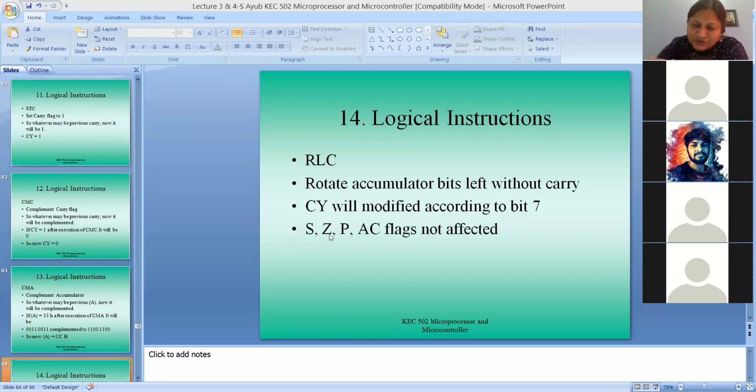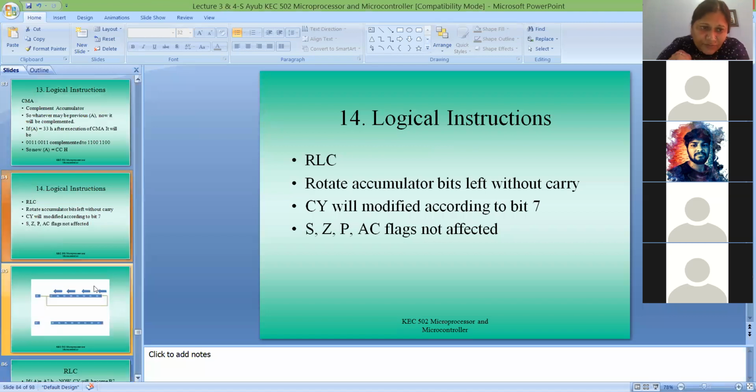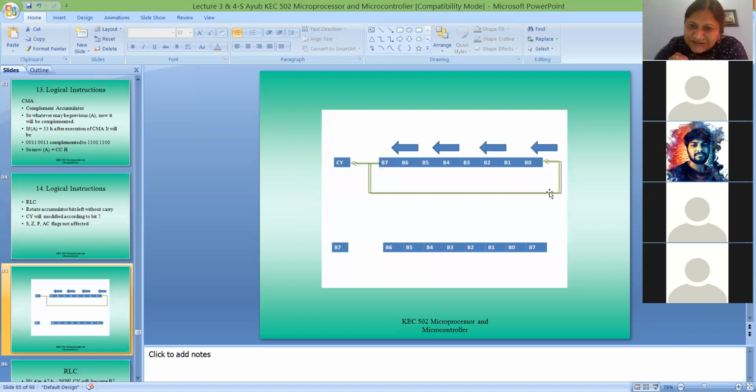No sign flag, no zero flag, no parity, no auxiliary carry flag will be affected. Only the carry flag will be affected. Now let's see how the execution of the instruction RLC works. Let's say your 8-bit pattern is B0, this is your least significant bit, this is your most significant bit, and carry is outside.